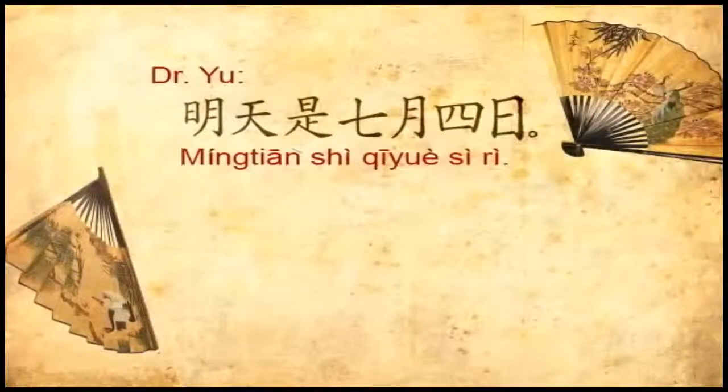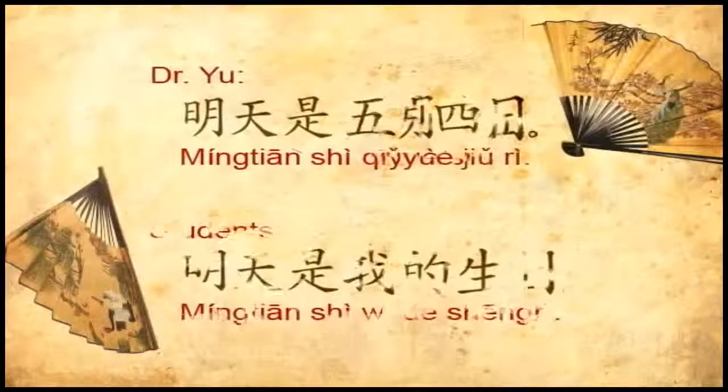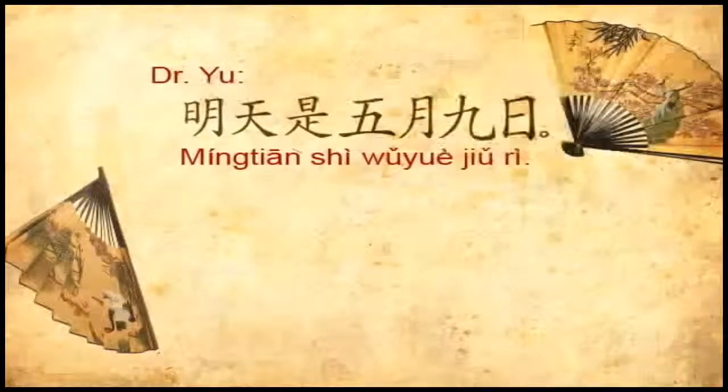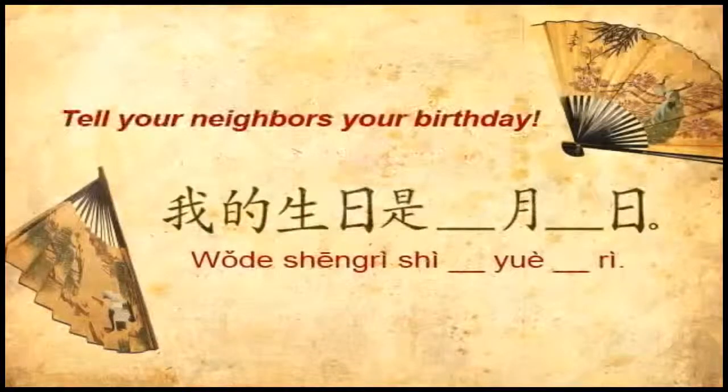Try to understand the dates I'm saying. 明天是7月4日. 明天是5月9日. 好. Now tell your neighbors the date of your real birthday.